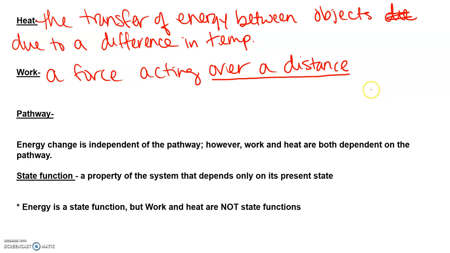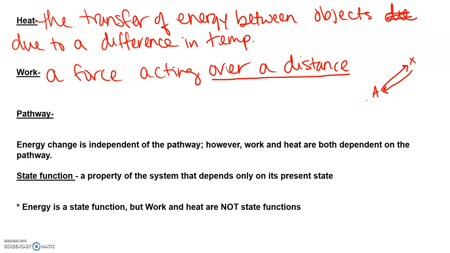So for example, if you have object A here, it starts and it goes here. Well, it's changed positions, and so work is being done. However, if object A goes from this point to this point, but then it goes back to its starting point, technically its position didn't change, and so no work is being done.